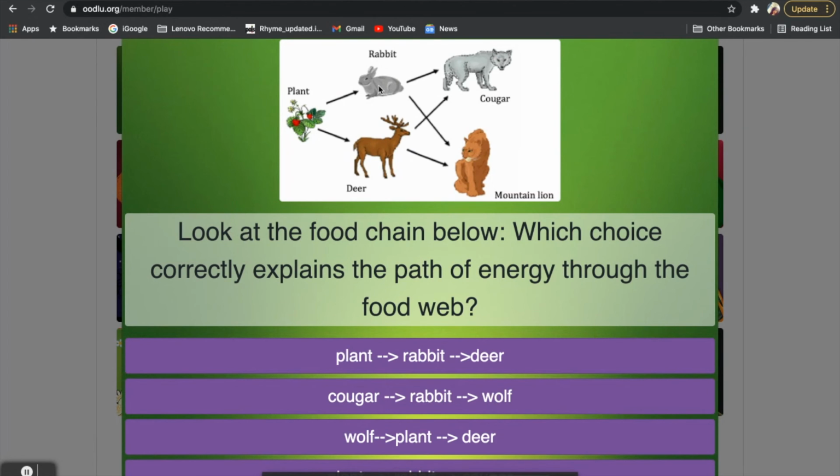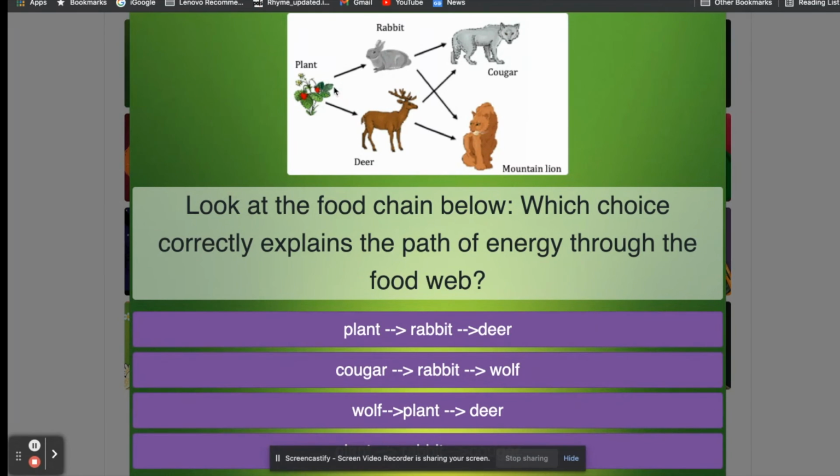Now, once the rabbit eats the plant, there are different carnivores that can also eat the rabbit. First, we have our first arrow, which is pointing to the cougar. And then we also have another arrow that is pointing to the mountain lion. So that is how the energy transfers from the plant, rabbit, into the cougar and mountain lion.